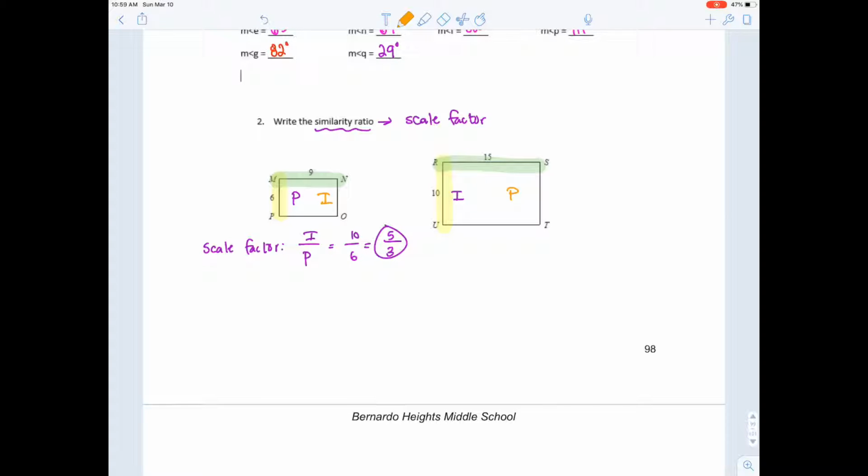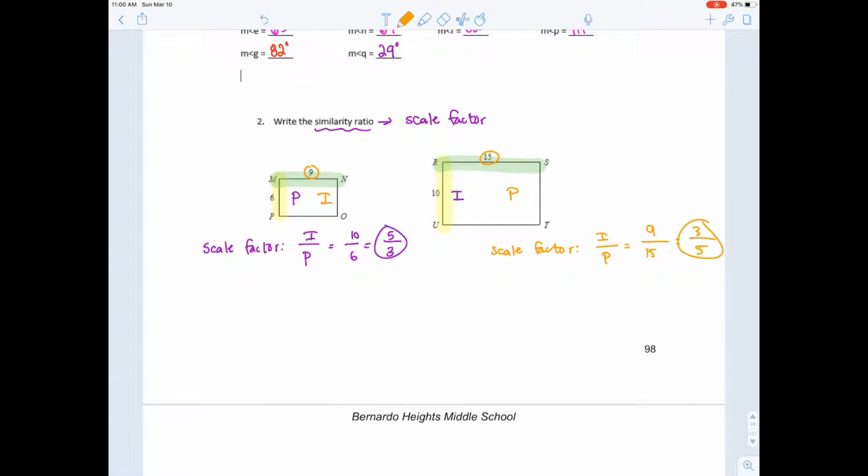So the scale factor we know is image over preimage. And in this case, my image length is 9 and my preimage length is 15. Let's simplify that. 3 goes into both of those. That's 3 over 5.